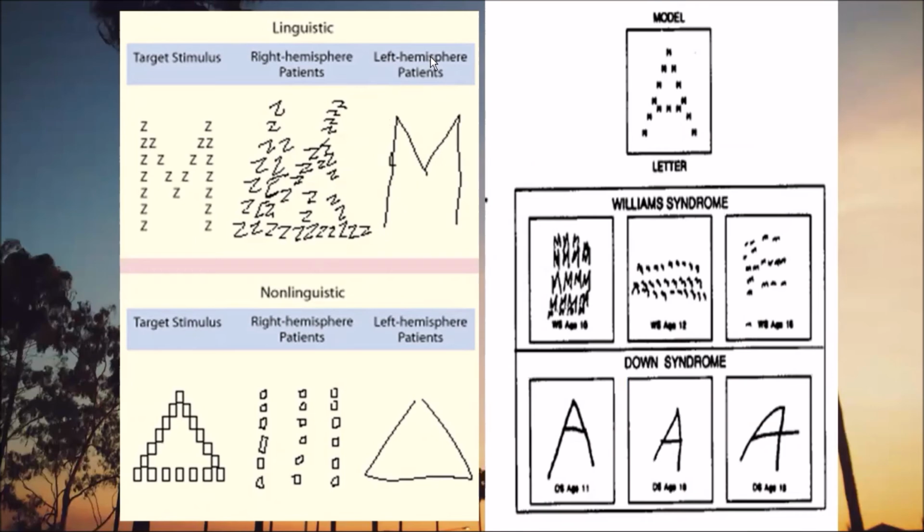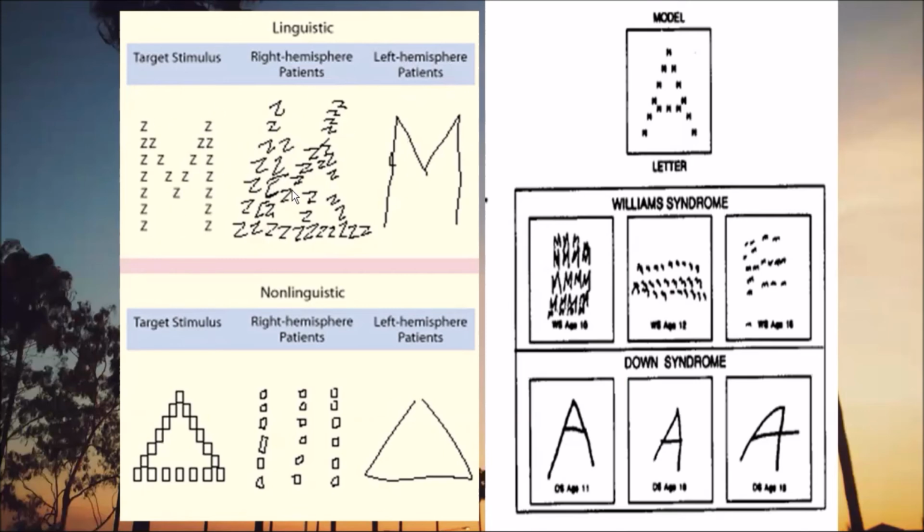A left hemisphere patient means that's the hemisphere that's damaged, and all they have is the right hemisphere primarily available. So when they try to duplicate this, they don't see the parts, they just see the whole. People who have only a left hemisphere really intact, with the right hemisphere damaged, just see the parts, they can't get the wholeness out of it all.